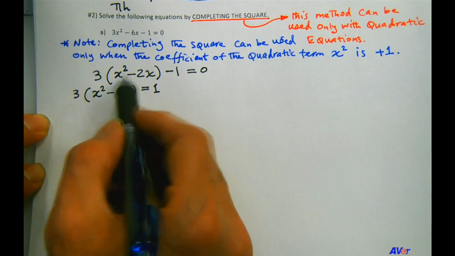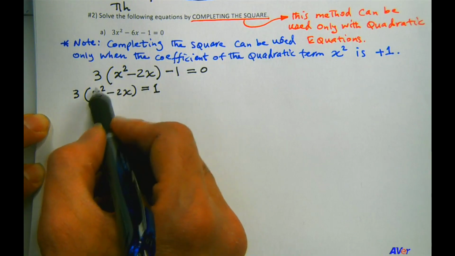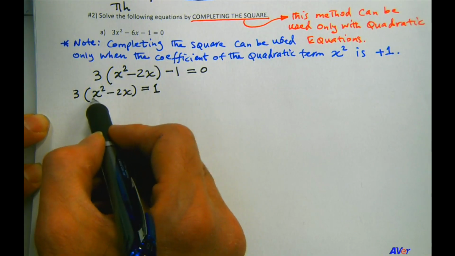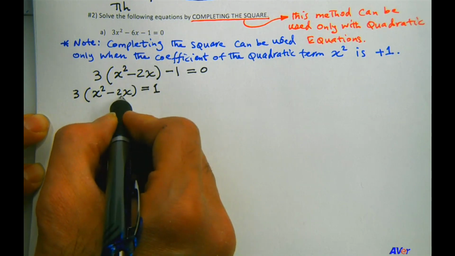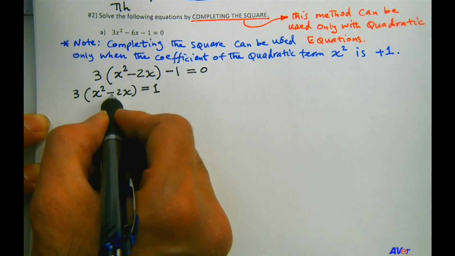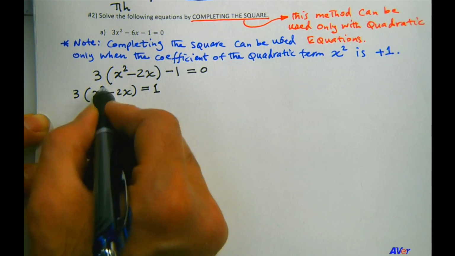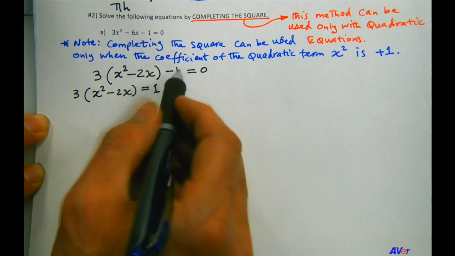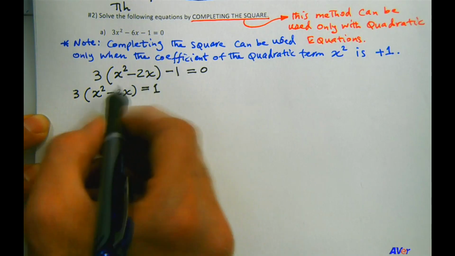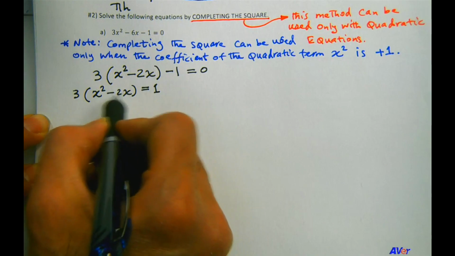Once you have the quadratic equation with the coefficient of the quadratic term equal to positive 1, take a look at the x term. This is b, right? We know the general equation of a quadratic is ax squared plus bx plus c, right? So this b term, we call the coefficient of the x term b.